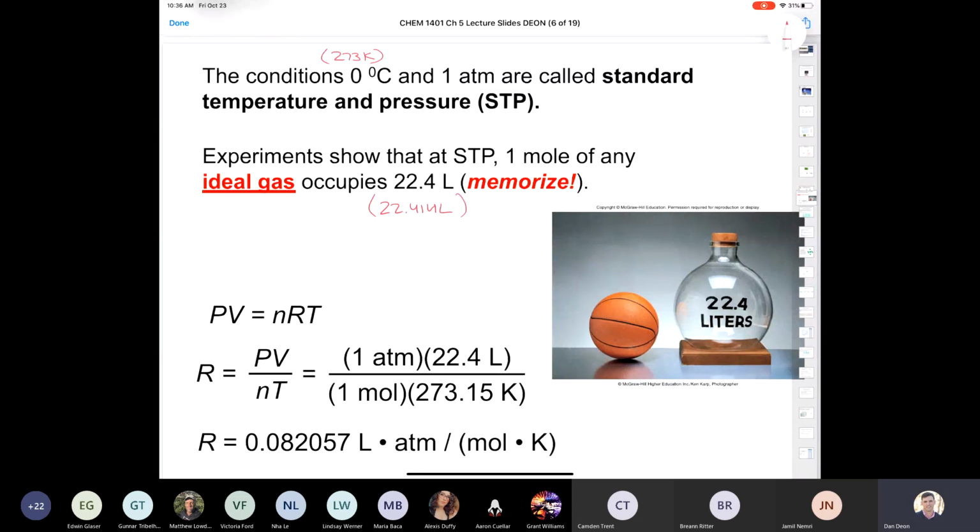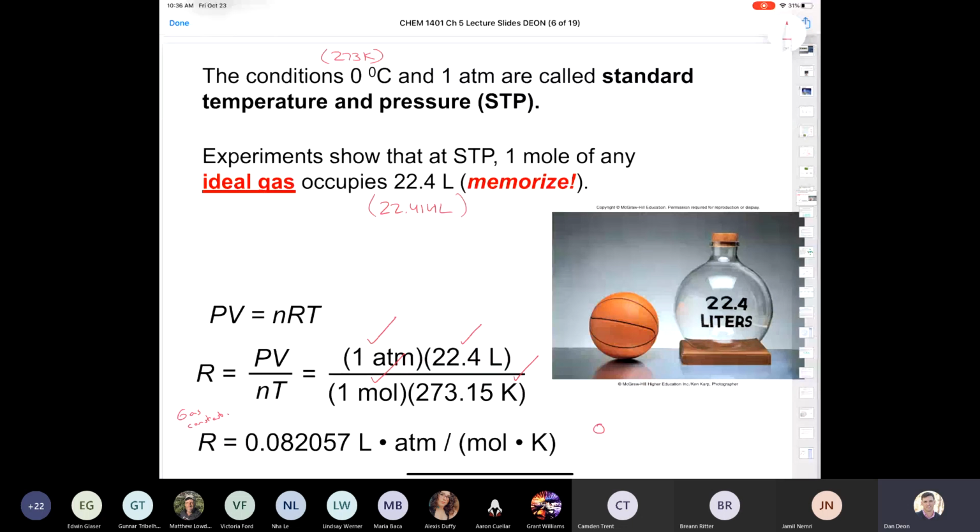But look, if we have a gas at 1 atmosphere and we have 1 mole of it at standard temperature, we know it takes up 22.4 liters. If we divide 22.4 by 273 and put in all our units, we see that R, or the gas constant, is equal to 0.082057 liter atmospheres per mole Kelvin.